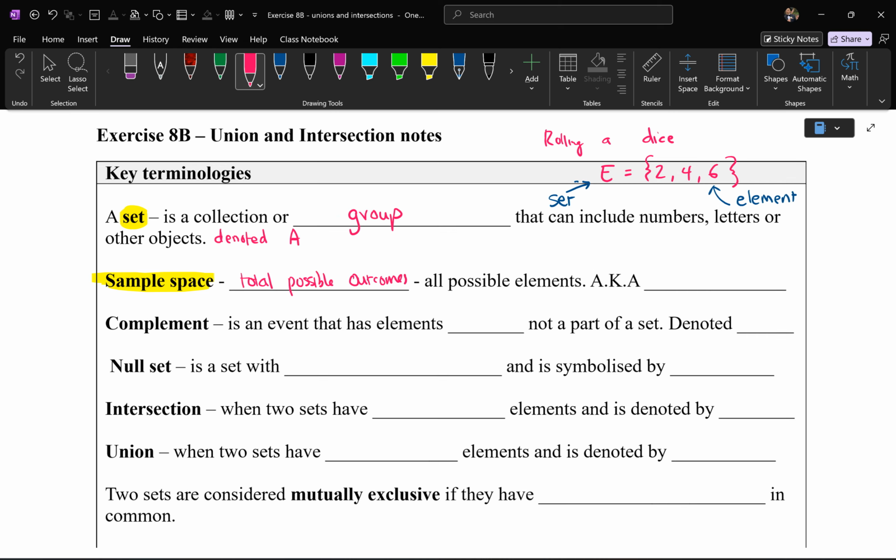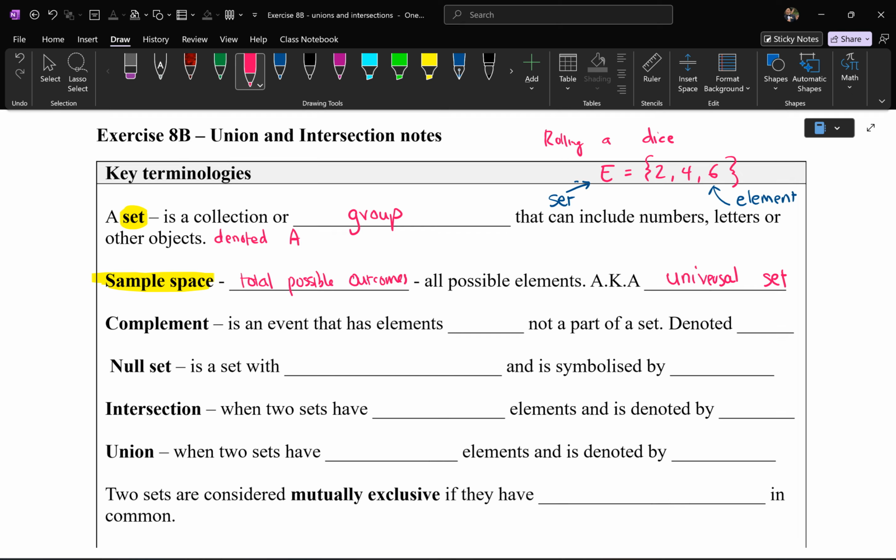Okay, so usually a language we say is all possible elements. Okay, AKA, also known as, there is a specific name, sometimes, especially in a Venn diagram, they might not call it a sample space, but they will call it the, anyone know this one? You might have seen or not heard it. It's the universal set.